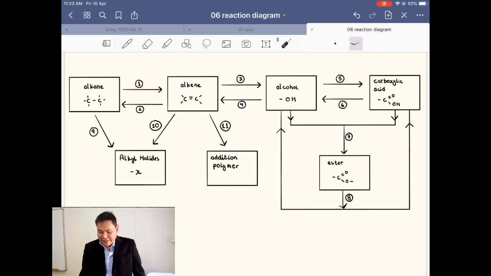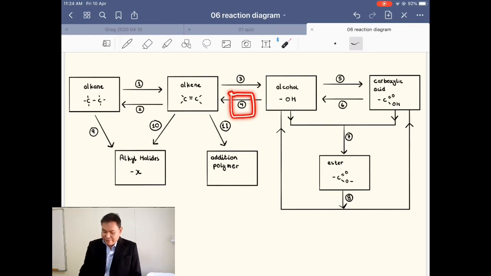Reaction number 3 is you're adding water, so you call it hydration. H3PO4, phosphoric acid, 300 degrees Celsius and 60 atm. Number 4 is dehydration. The drying agent is concentrated H2SO4, 170 degrees Celsius.